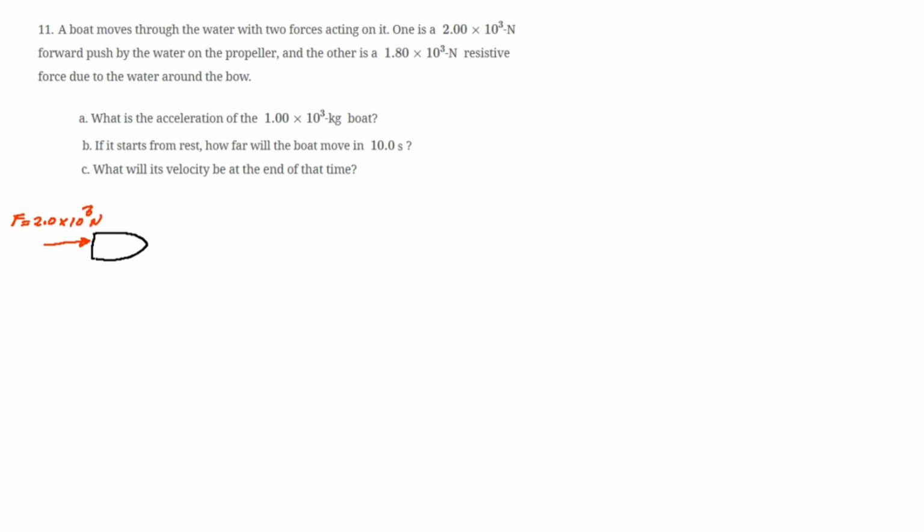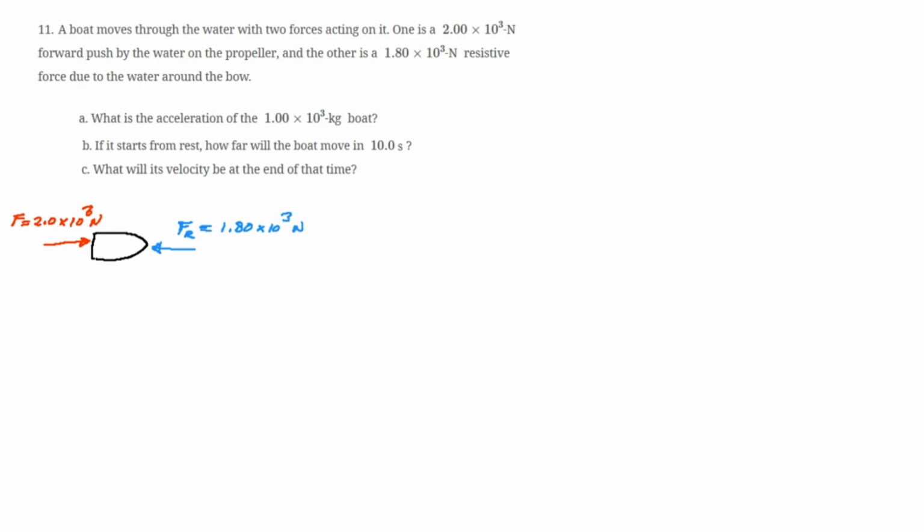At the same time, we have a resistive force acting on the boat. It's the resistance of the water to the motion of the boat. And this resistive force is like a friction force, right? We call F sub R, resistive force, 1.80 times 10 to the third newtons.